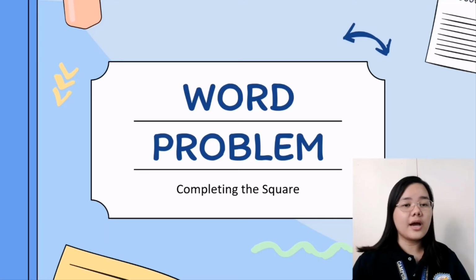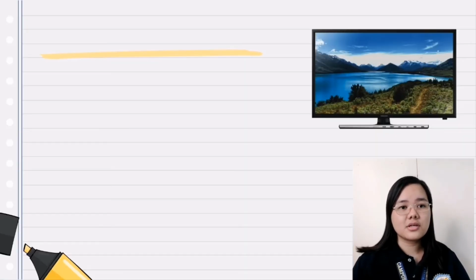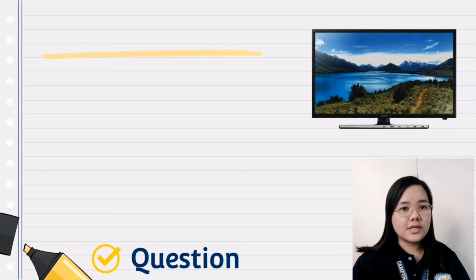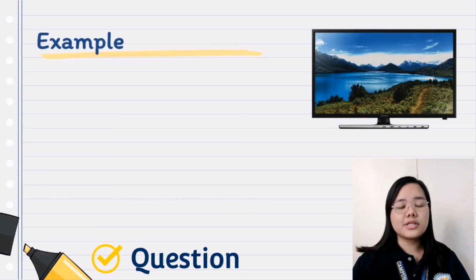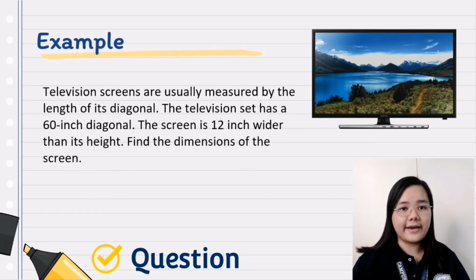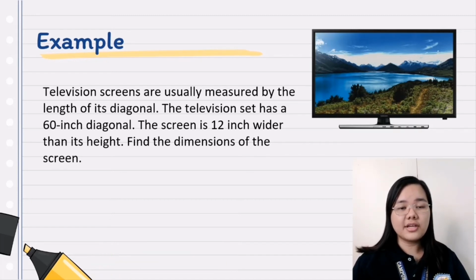First, I will read the question. Television screens are usually measured by the length of its diagonal. The television set has a 60-inch diagonal. The screen is 12 inches wider than its height. Find the dimensions of the screen.